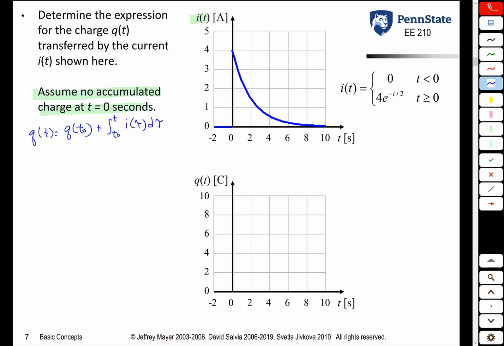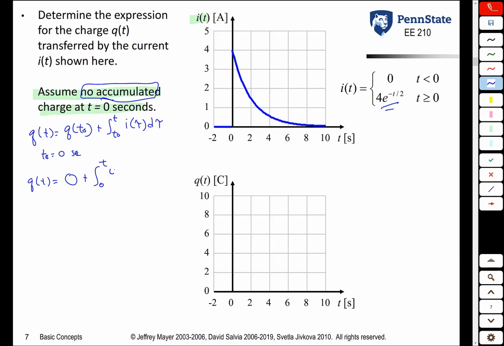And we'll see here why it's important to use this dummy variable. So we're going to set t naught equal to 0 seconds. So Q of t is the accumulated charge at time 0, which was 0, plus the integral from 0 to t of I of tau d tau. So I of t is 4e to the minus t over 2.